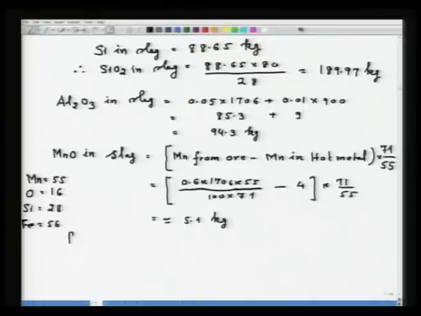Now, gradually we are building the amount of slag. Ultimately, the amount of slag will be the sum total of all that we have calculated. Similarly, we have to calculate P2O5 in slag.